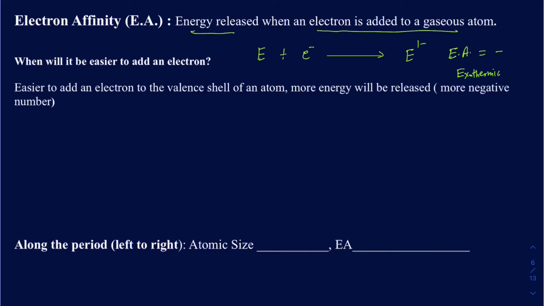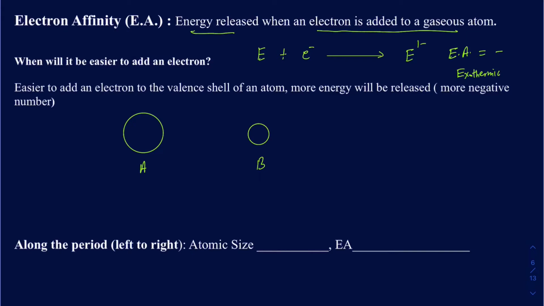Now, if an atom is smaller, so if I take two examples, let's say I have this atom A here, and I've got an atom B here, and those are the perimeters, so atom A is actually bigger in size than atom B here, and I'm adding an electron to it.